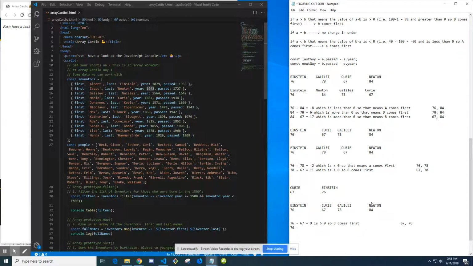These are old A too, but you get it. And now we're doing Galilei again, and that equals -2, which is less than 0. So A comes first. A is 76 and B is 78, so no change there really.